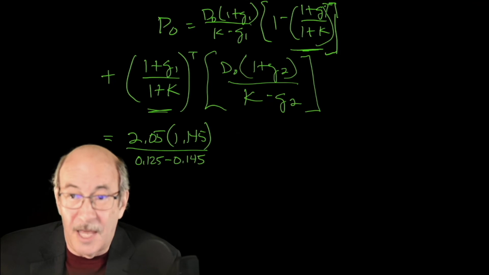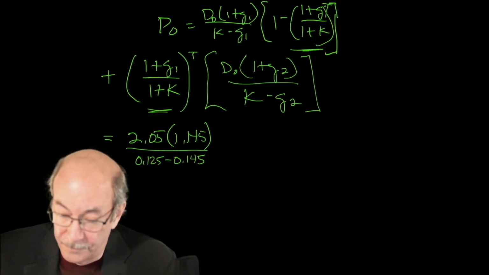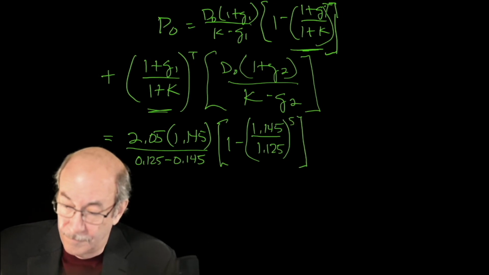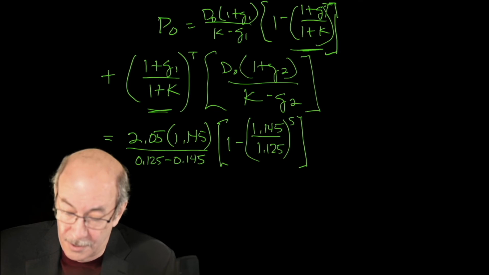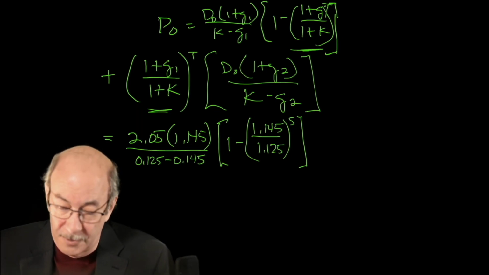And obviously that's going to end up giving us a negative value out of this ratio. And then we're going to take 1 minus 1.145 over 1.125, and that's raised to the 5th power. Okay, let me start over here.